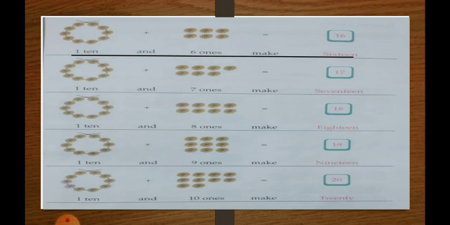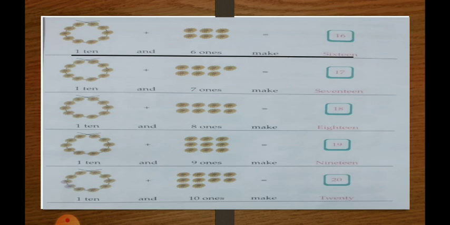Now the next. 1 ten and 7 separate flowers. Now you will say it like that: 1 ten and 7 ones. So count after 10. Show me 7 fingers and count after 10: 11, 12, 13, 14, 15, 16 and 17.